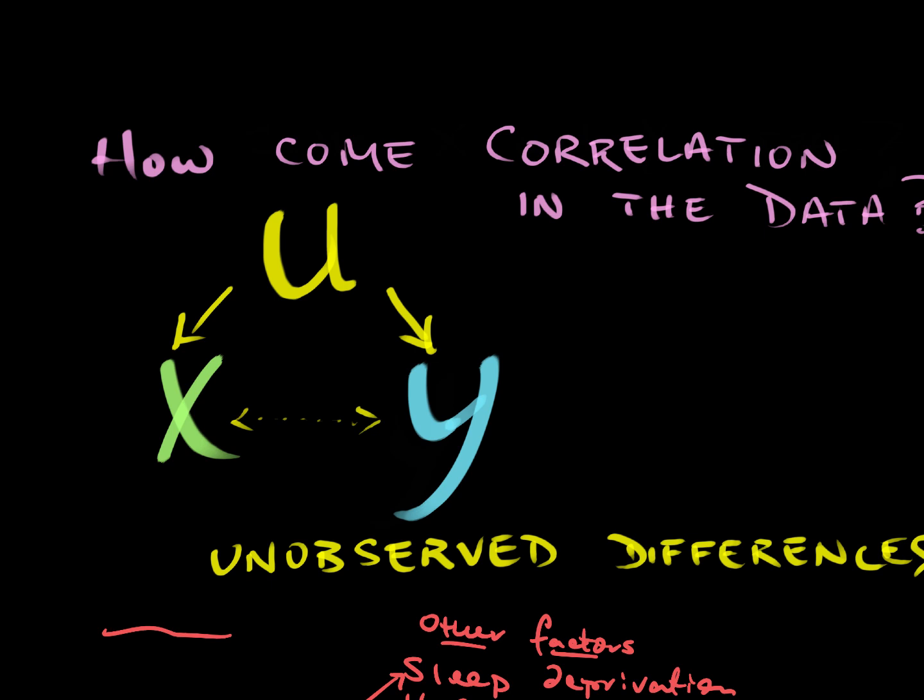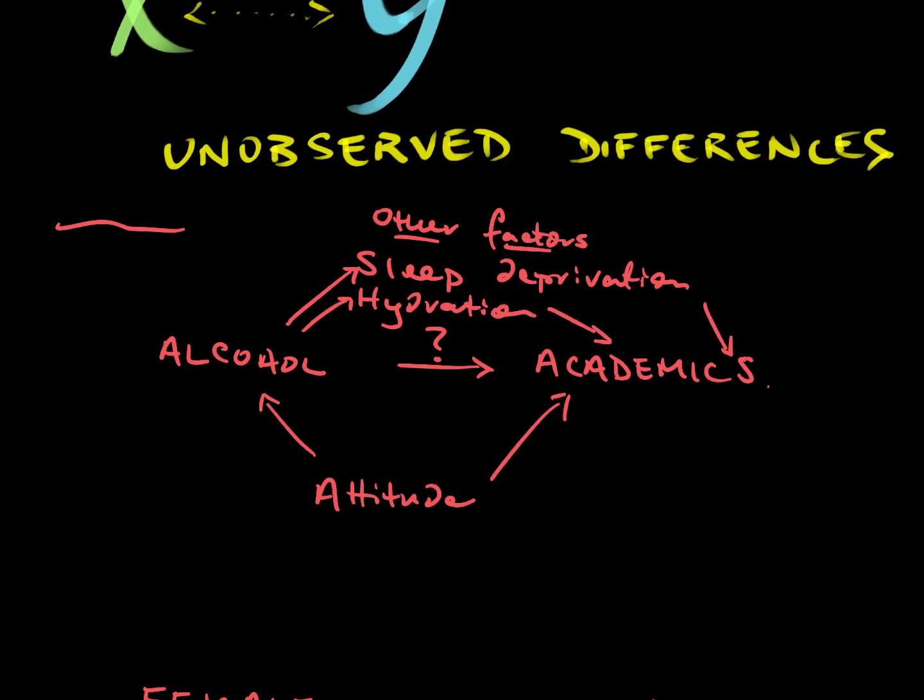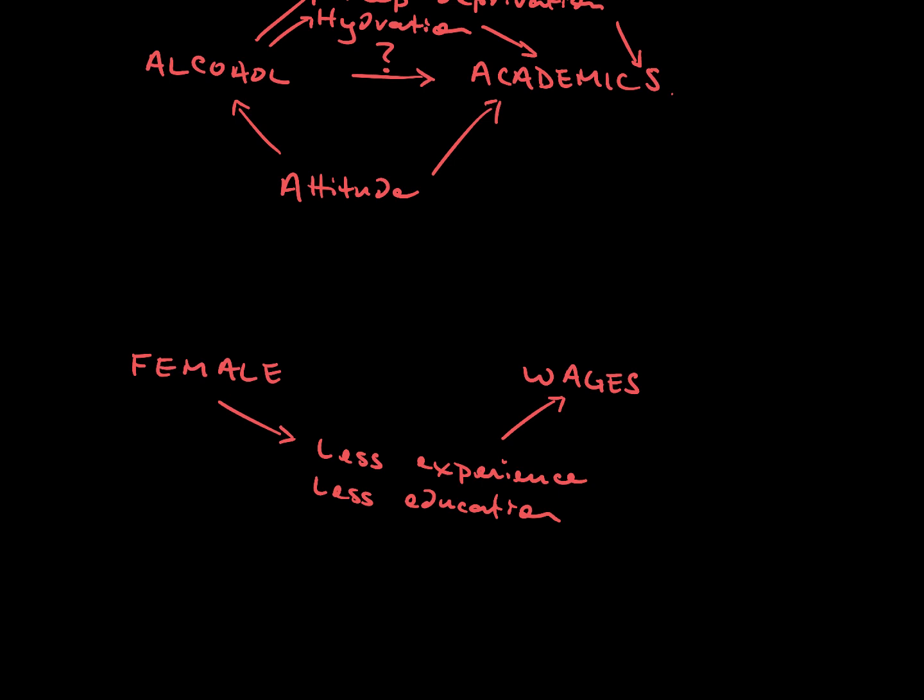Okay, now, unobserved. Some of these things are really, really hard to observe, like your attitude toward academics. Other things, though, are unobserved only in the technical sense that they are not included in the model. Okay, this is actually where it's important to think about regressions with controls.